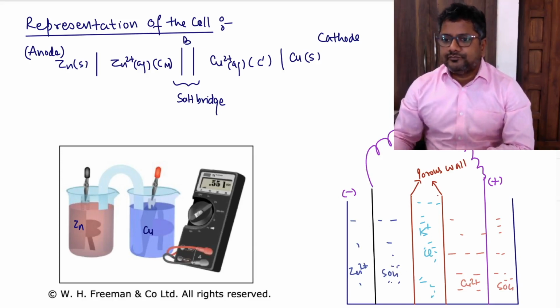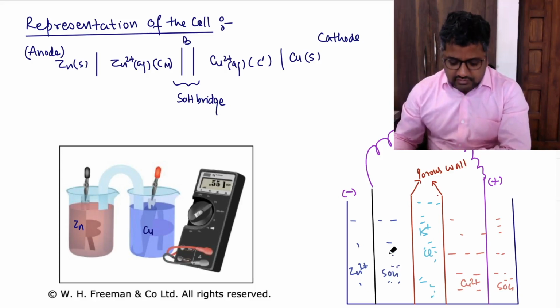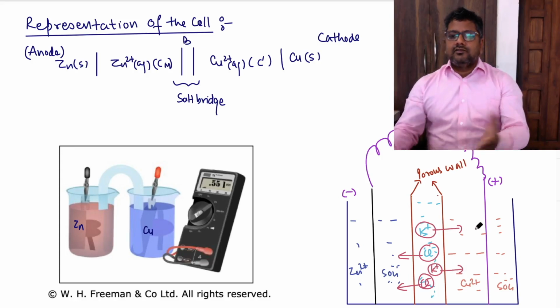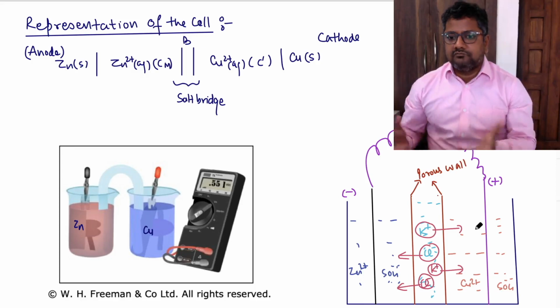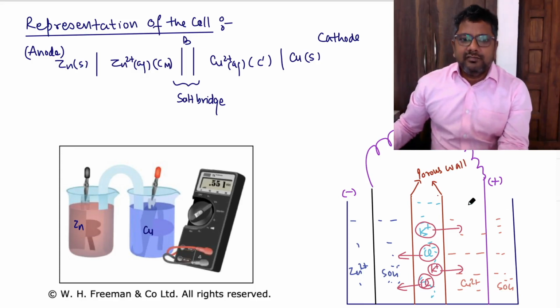Now see, this solution is positively charged, so Cl- ions move this side, and potassium ions move this side. And you can make a cell. This is also a simple representation of the Daniell cell, another representation.